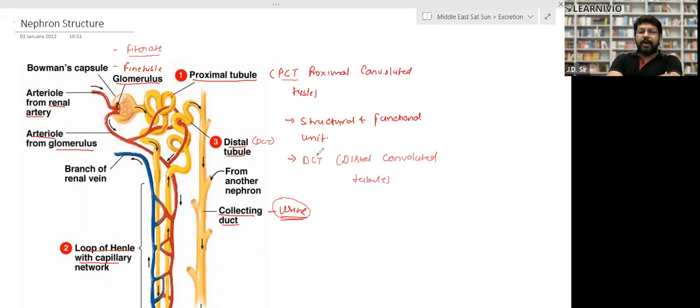The filtered blood goes out of glomerulus, full stop. Next point.